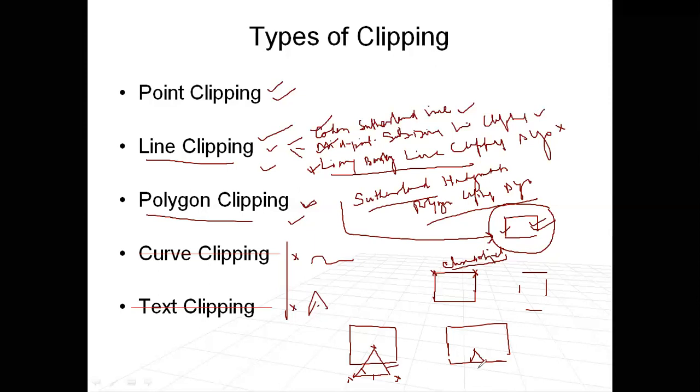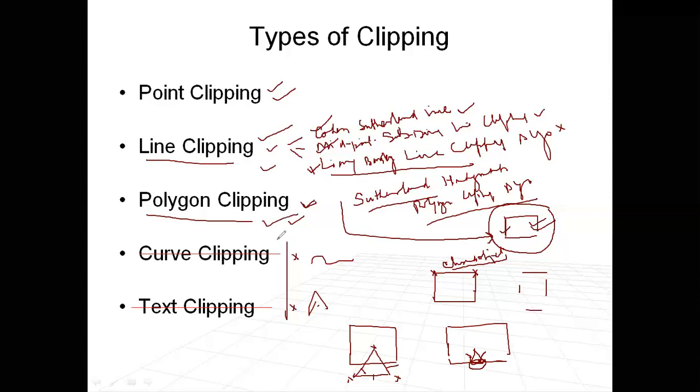To be a closed object, you must have this edge too within your clipping. If you do not have this, you cannot fill it up. But the line clipping algorithm will not allow you to get this line across the edge. So this can only be achieved using a polygon clipping algorithm.